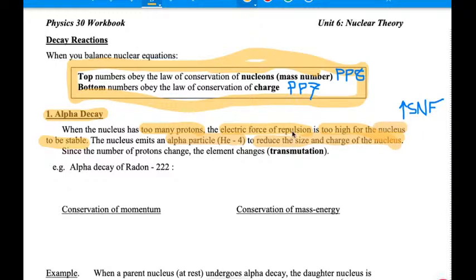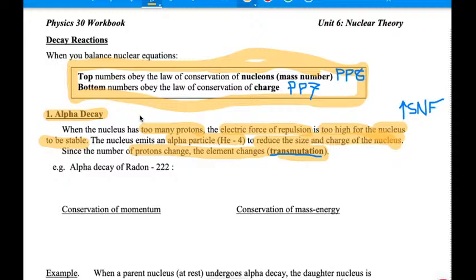So not only are we getting less overall nucleons, we're also getting less charge on that nucleus of our element. So since the number of protons changes, the elements change, which we call transmutation, right? We've essentially transformed into a different element.